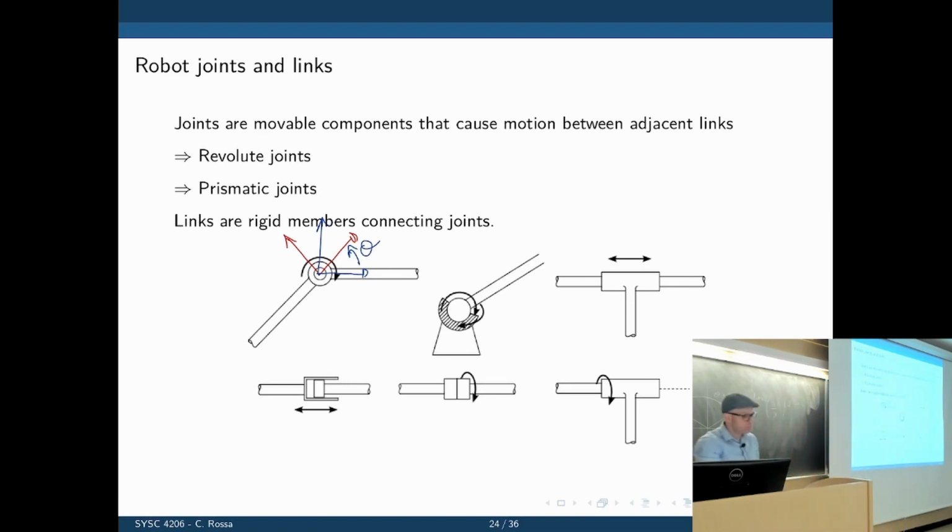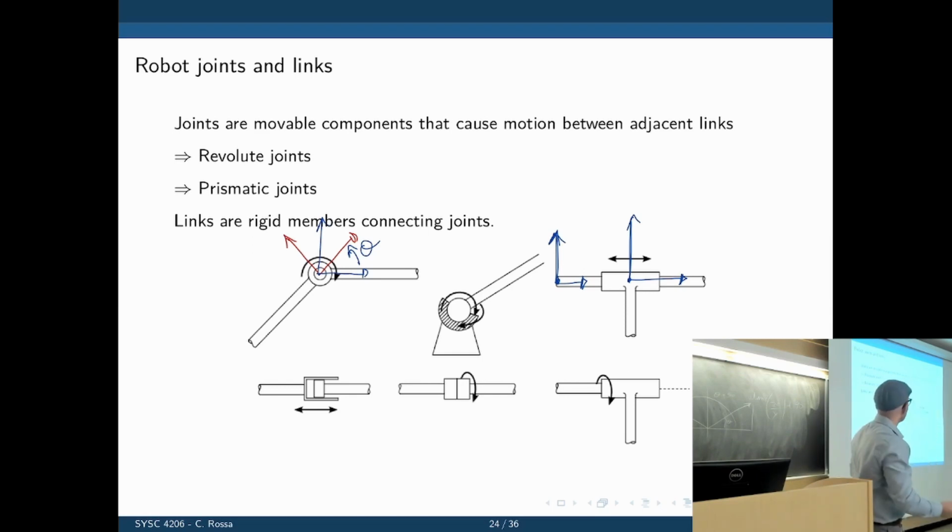Yeah? Now let's take this frame, this one here. We can attach a frame to the base here. What should we see in their respective rotation or homogeneous transformation?